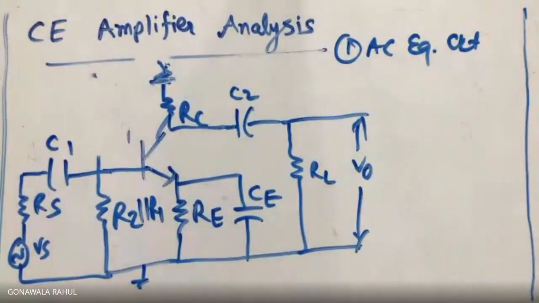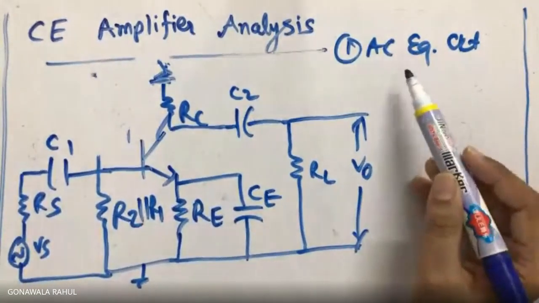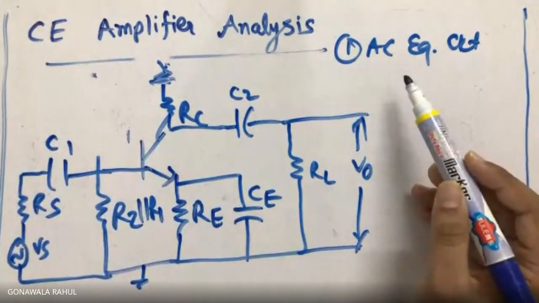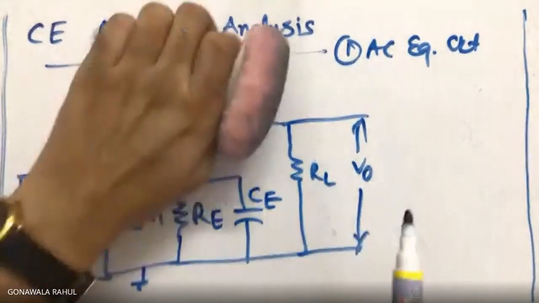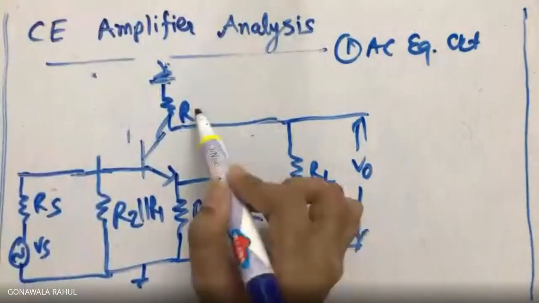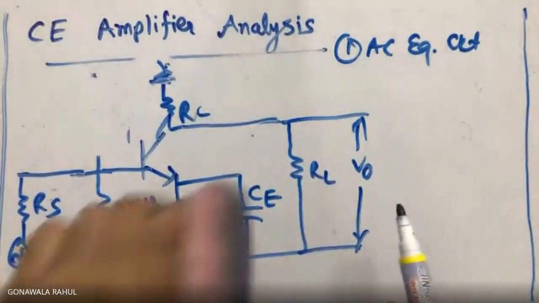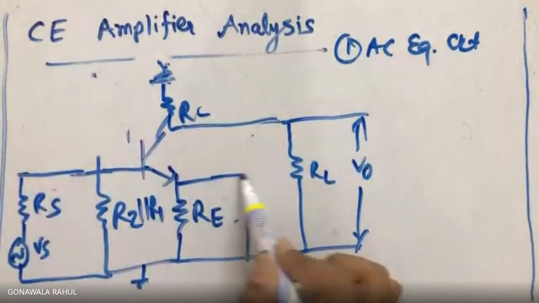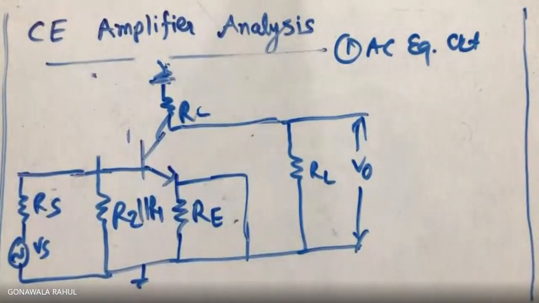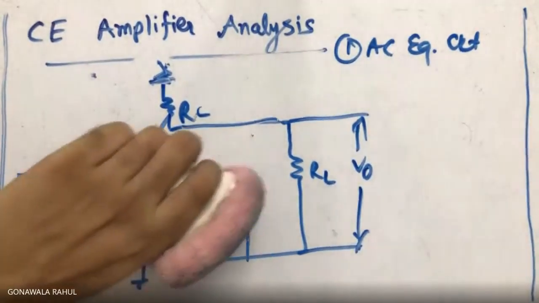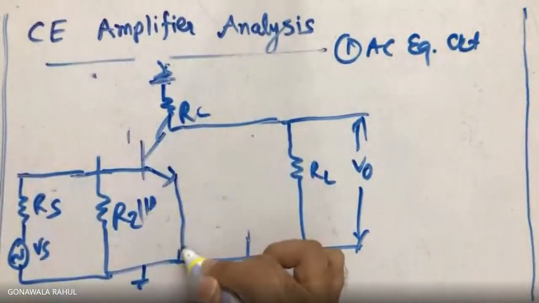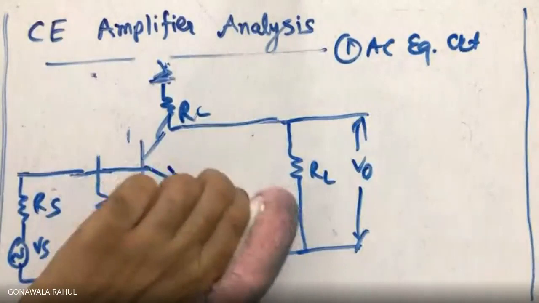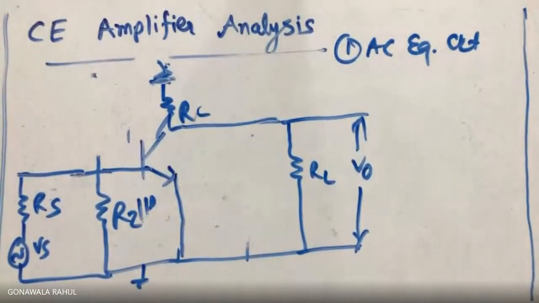Now the second step to find the AC equivalent circuit is to short all capacitors. So capacitor C1 will be shorted, capacitor C2 will be shorted, this is our RC, and this capacitor will also be shorted. Since this capacitor is shorted, RE is removed. I am writing this short directly, denoting it like this.